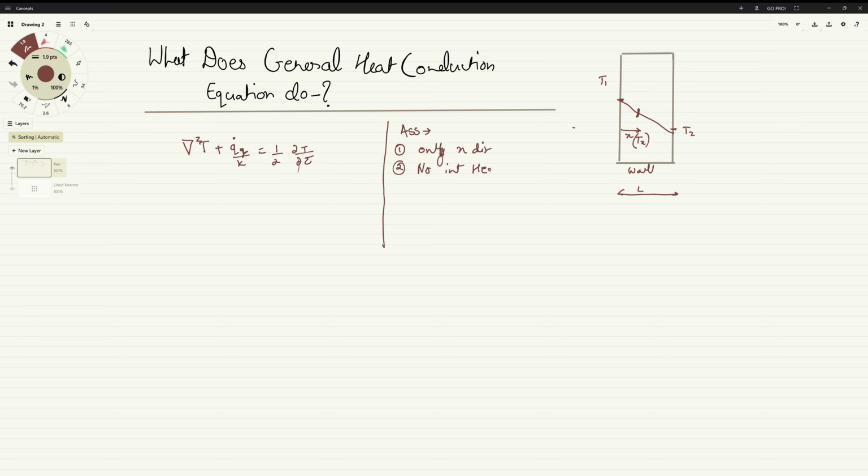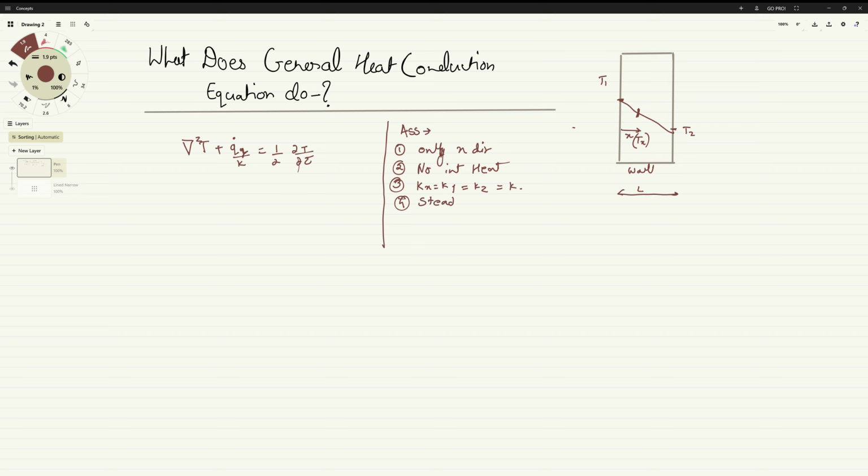I'll tell you first all the assumptions and then why I took them. The third assumption is that k is constant in all directions, which is kx equals ky equals kz equals k. And the fourth assumption is that it's in steady state.